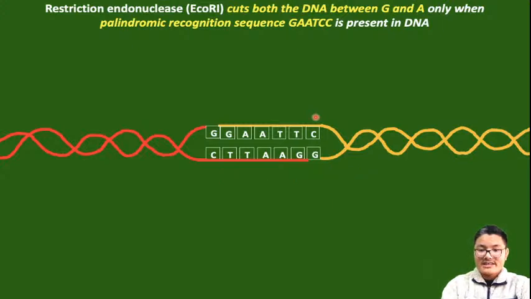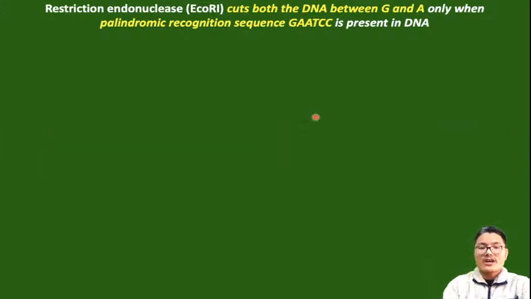What we have seen is an example of a restriction endonuclease. Restriction endonuclease EcoR1 will be cutting DNA in between guanine and adenine. And it has a recognition site, which is usually the palindromic recognition sequence.